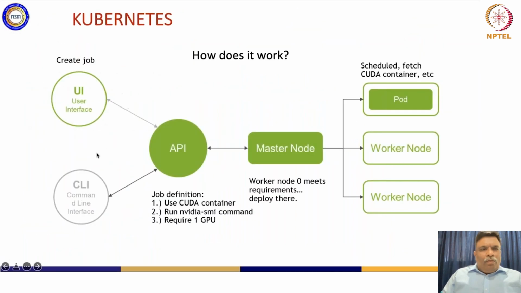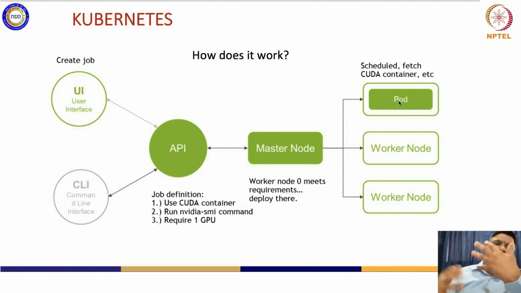So the idea is that we have this API, which helps us to create a job, which is to be controlled by a master node and which has to run on one of these worker nodes as a pod. Now, this worker node can have a GPU, or it may not have a GPU.